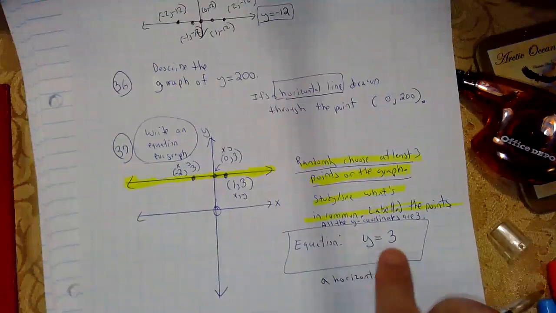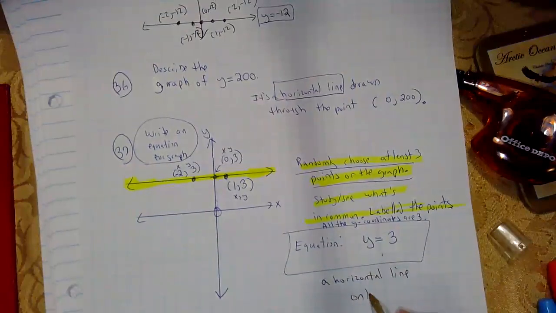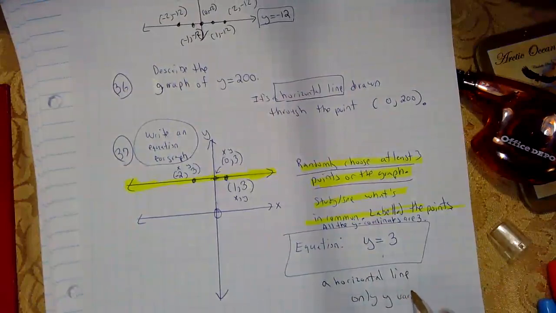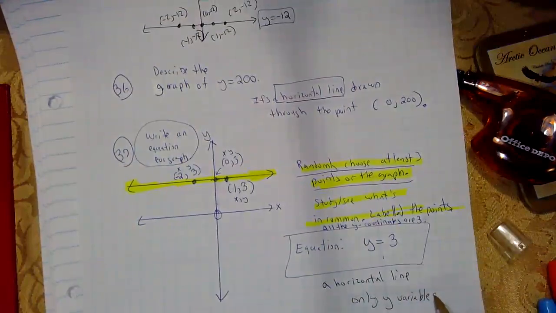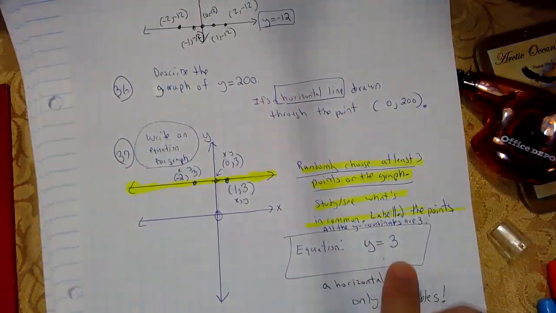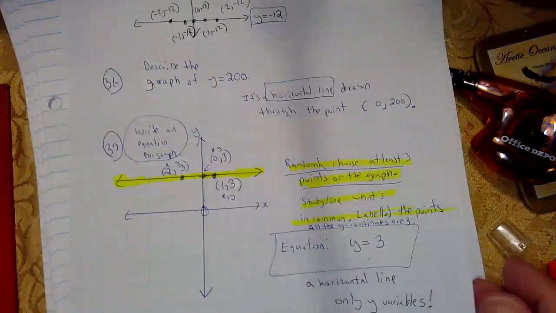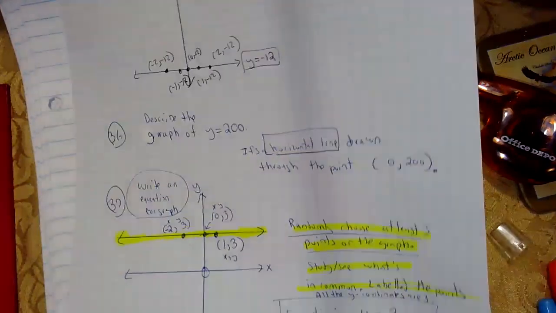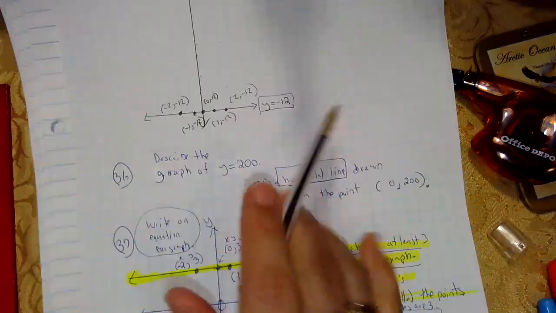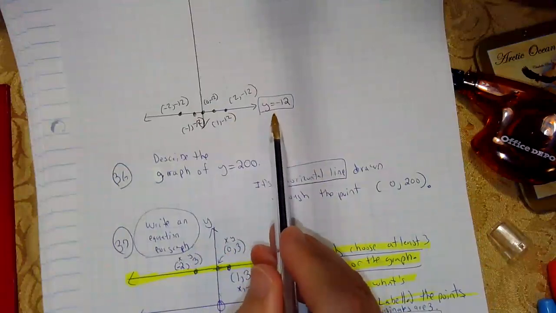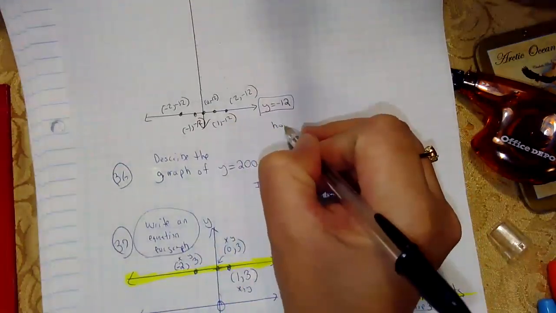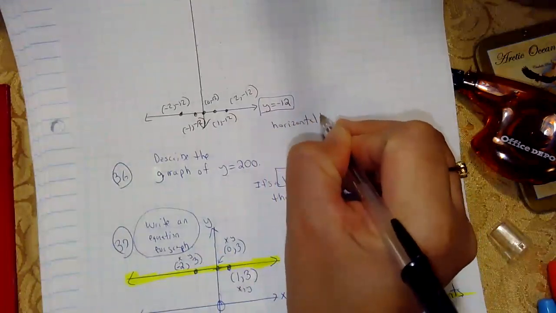Notice how in your equation we have only y variables. Like also here, a horizontal line, you have only y variables. That was for number 35.